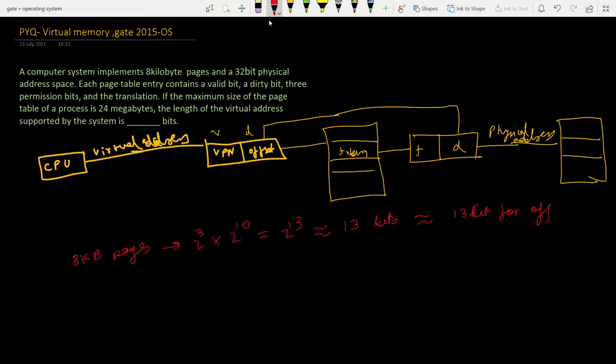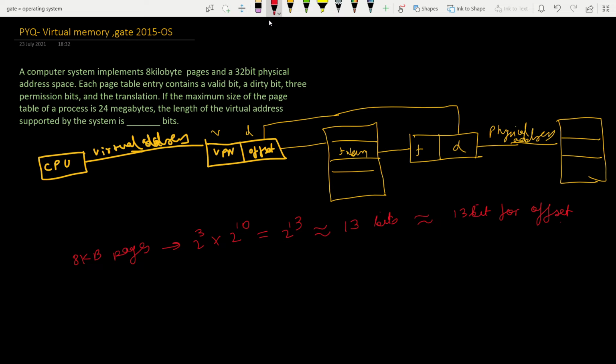Then it says each page table entry contains a valid bit, a dirty bit, 3 permission bits, and the translation. So apart from this frame address we have a few extra bits in the page table as well: the valid bit, the dirty bit, and a few more.